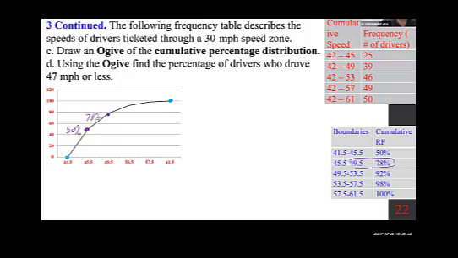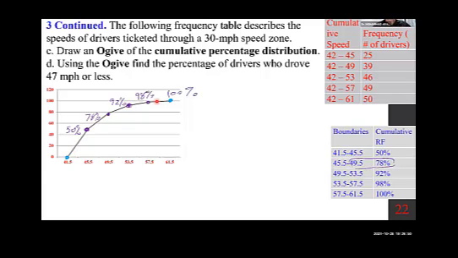Then you have this point corresponding to 92%. You have this point corresponding to 98%. Now, what I want to add here is that these are line segments. Those are not curves, line segments.